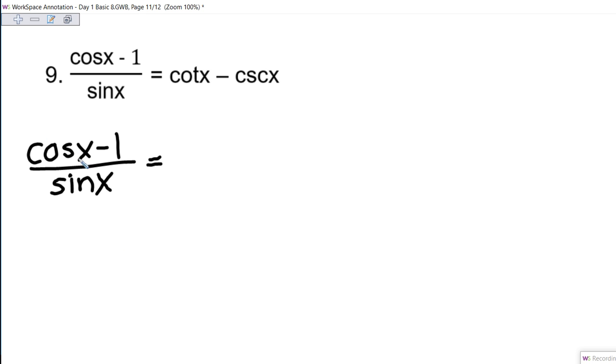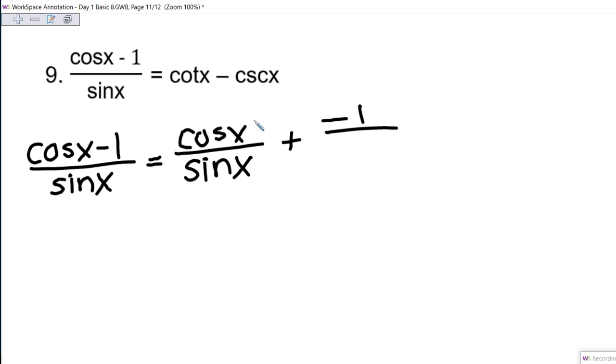So we're going to split this up. Cosine of x, the first term, needs to be divided by sine of x. Now negative 1 is the second term. It also needs to be divided by sine of x. So we're splitting up that fraction.